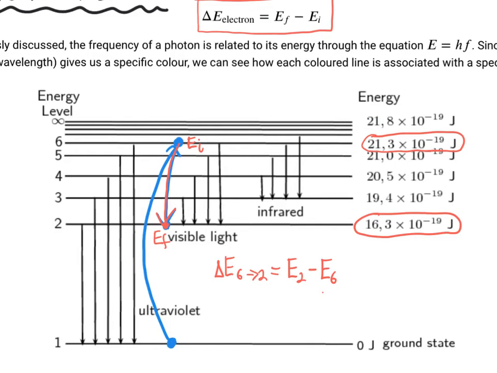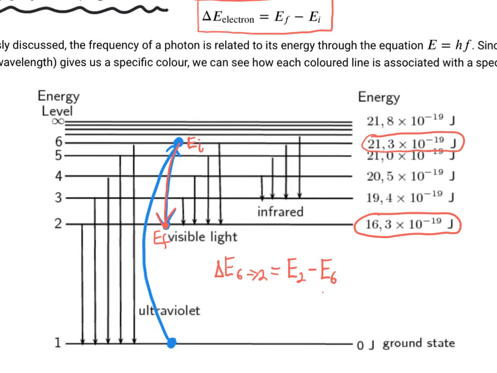So it cannot have an energy, for instance, of 18 times 10 to the minus 19 joules, because in this atom that is not allowed, because the electron can only be in specific energy levels with specific energy values. So for this transition from level 6 to level 2, we're going to work this out.